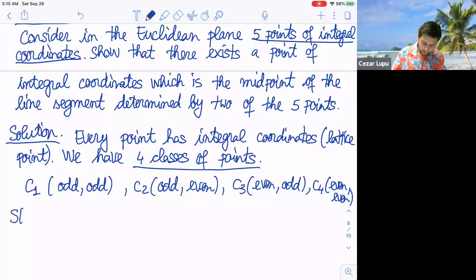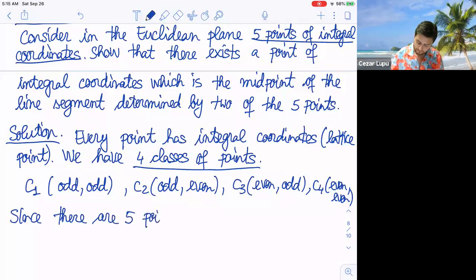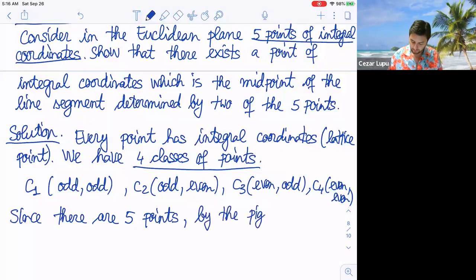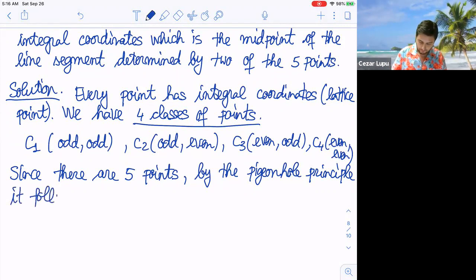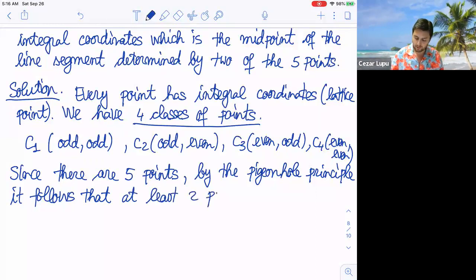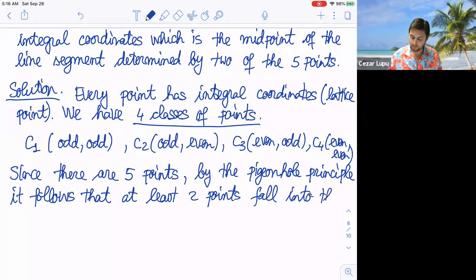So since there are 5 points, by the pigeonhole principle it follows that at least 2 points fall into the same class.